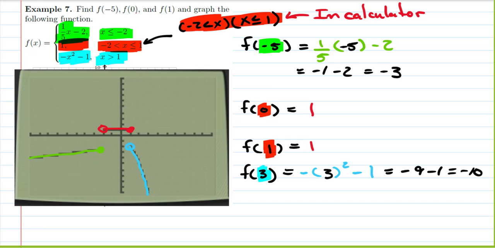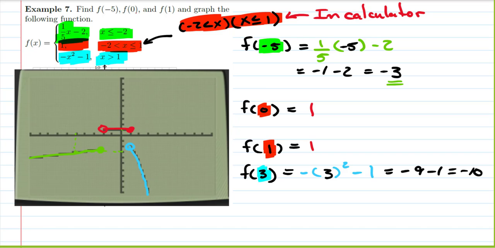And if we check our inputs, let's take a look. If I go to -5, and then I go over here, well, what's the corresponding y value? Oh, -3. That's exactly what we got when we evaluated it manually. If I go to 0 and I go up to my y value, well, what's my red y value there? 1, as we expected.